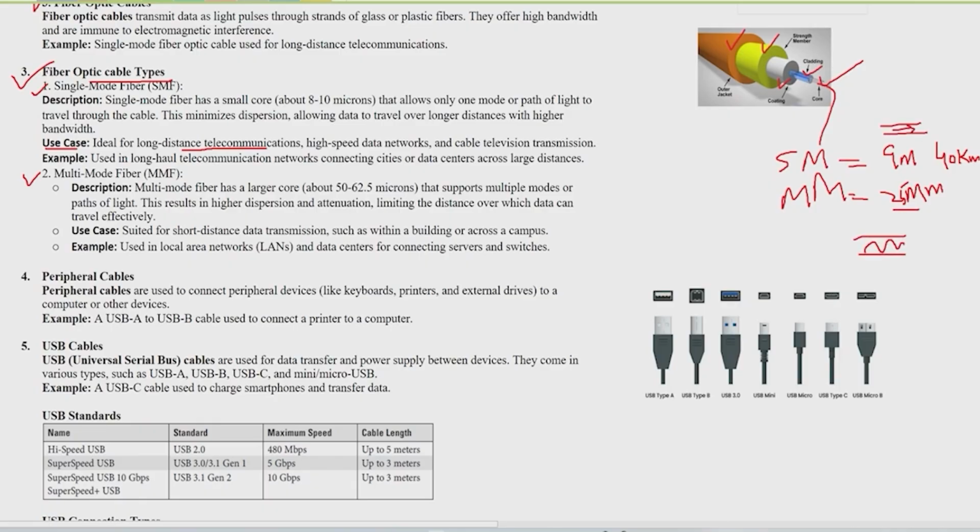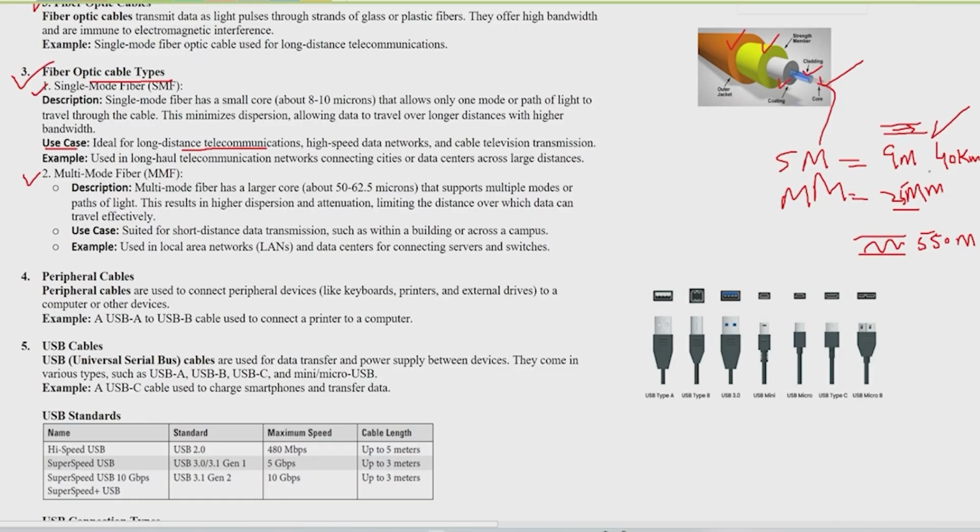This one is much smaller, and the signal will be going straight. That one will go 40 kilometers, and this one with the 25 micron big core can go only 550 meters, because the core is big and the signal goes up, down, up, down. That is why it will reach only 550 meters.